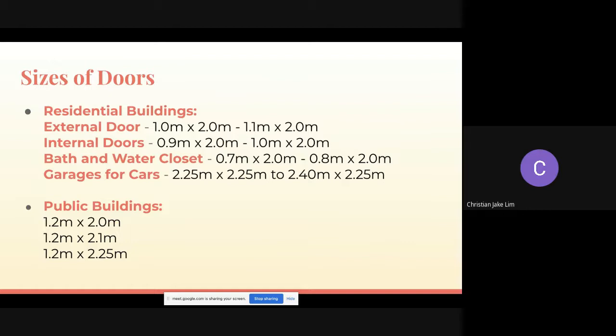For public buildings such as churches, post offices, and maybe government buildings, the standard door sizes should be either 1.2 meters by 2 meters, 1.2 meters by 2.1 meters, or 1.2 meters by 2.25 meters.